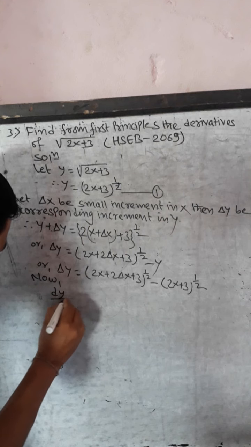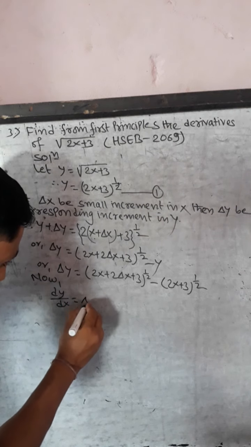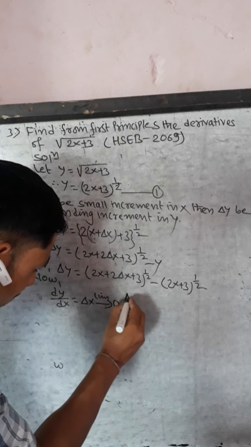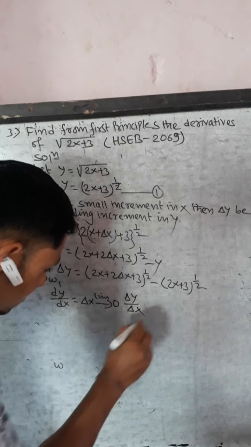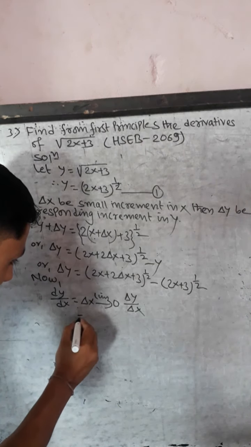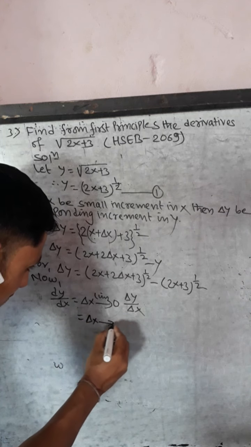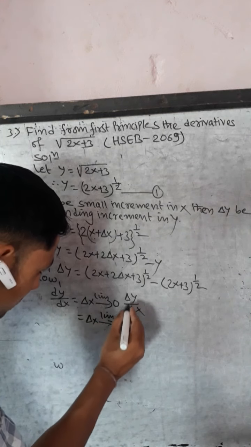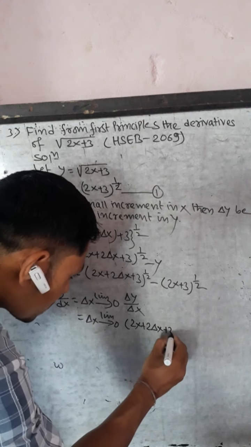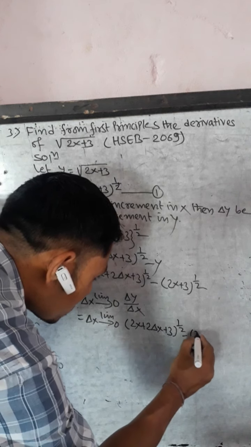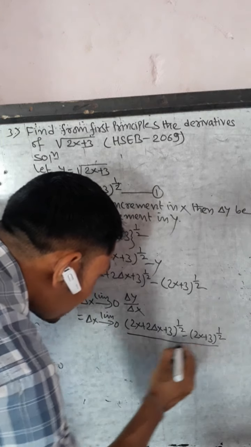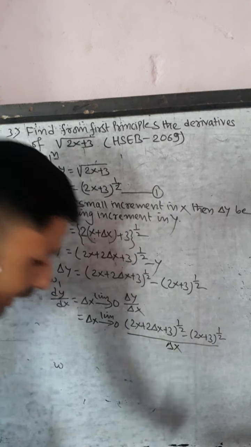Now dy by dx is equal to, I have already told you, dy by dx means limit del x tends to 0, del y by del x. Okay. Now put the value of del y: 2x plus 2 del x plus 3 to the power 1 by 2 minus 2x plus 3 to the power 1 by 2 divided by del x.